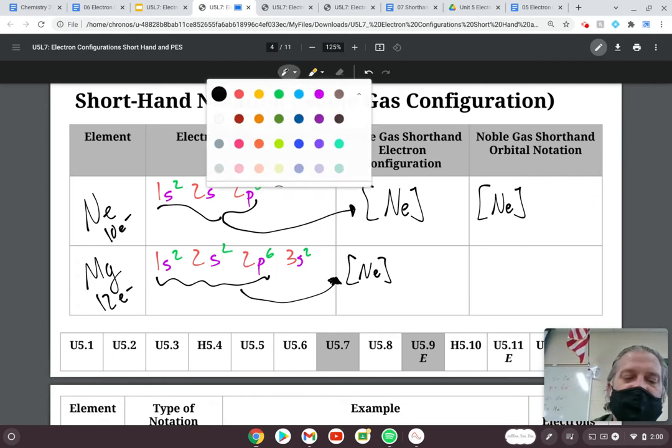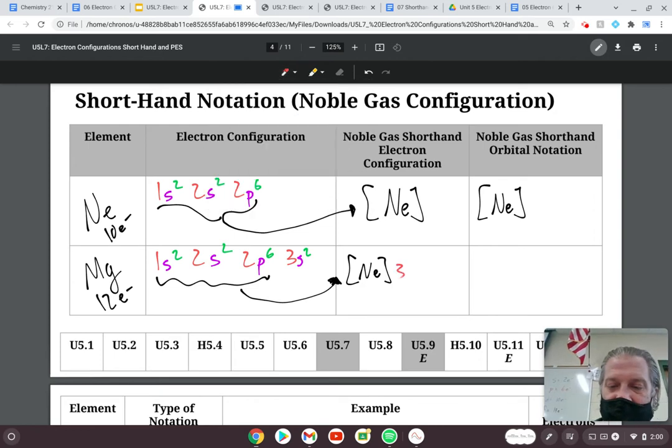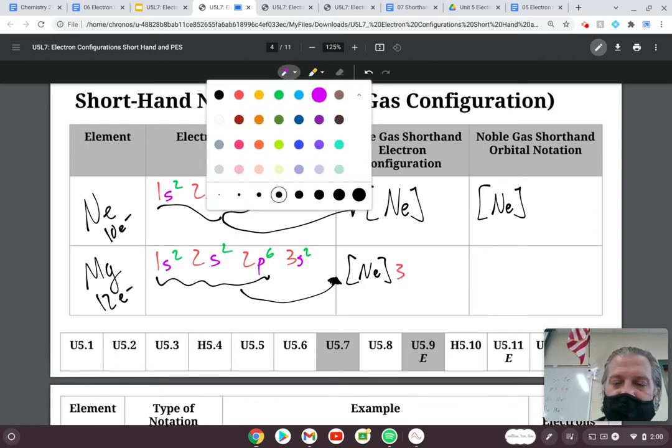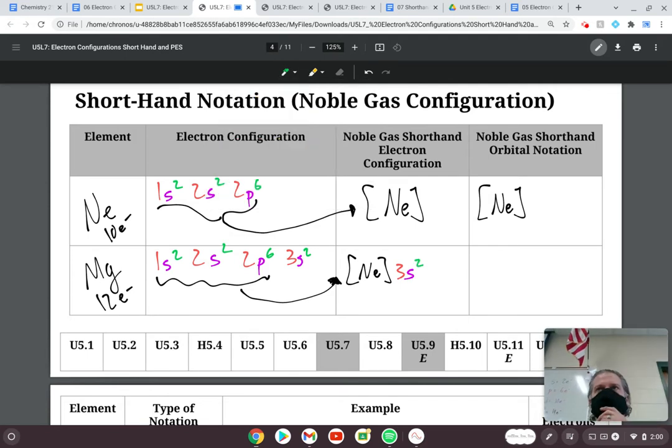But I have to finish it with 3s2. So I've now said to the entire world, 1s2, 2s2, 2p6 is in that bracket, and then 3s2 is really the rest of it. So I made it a little bit faster or easier to write.